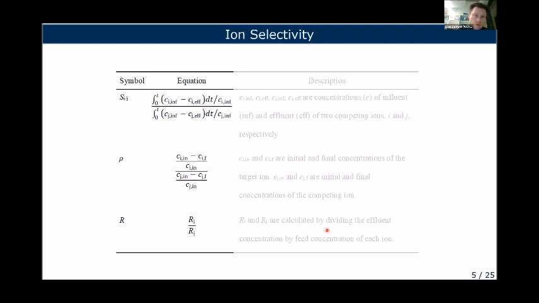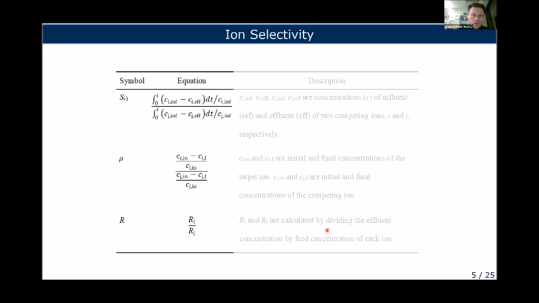So here we look at binary systems, but of course you could expand this to bigger series of ions. And rho, the second entry, is basically the same as S, at least if you take the system to infinity. The first one is an integral. The second one is if you compare the start with the final situation.